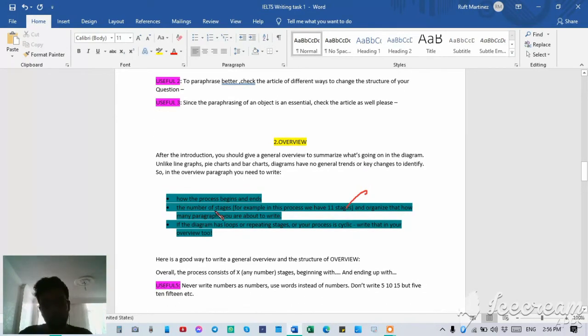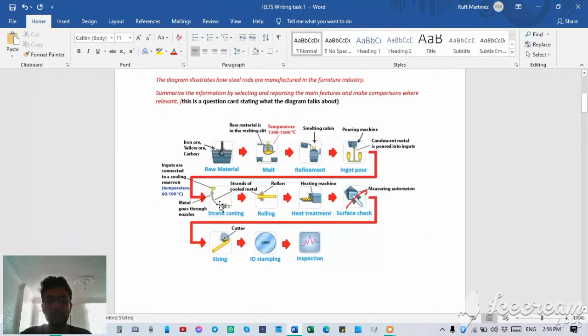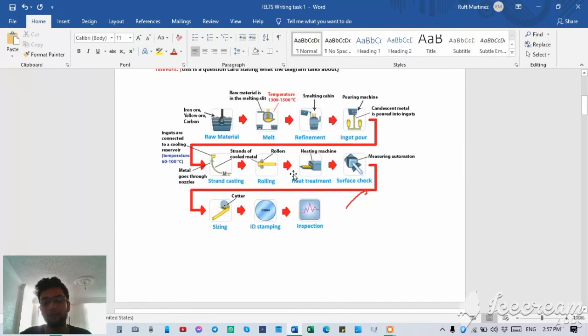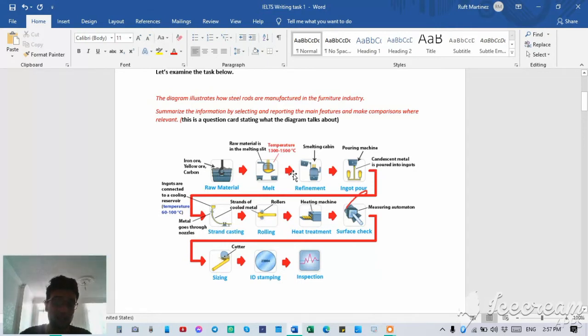In the overview paragraph, you need to write how the process begins and ends. In this sample, it starts with raw material and ends with inspection. The second question is how many stages there are. As we counted before, there are 11 stages that this process includes.